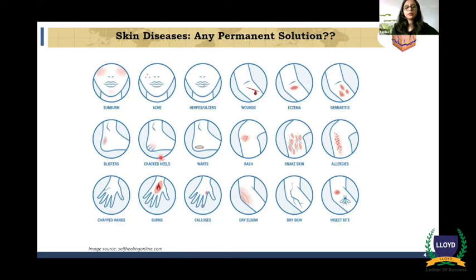Then we have certain minor skin diseases, I would say cracked heels, blisters, rash, etc. And again, warts, along with fungal infections like dermatophytosis as well as candidiasis. Then again, some burn injuries, as well as various other infections and diseases which may affect the skin. So we can really understand the burden of these skin diseases which we have.